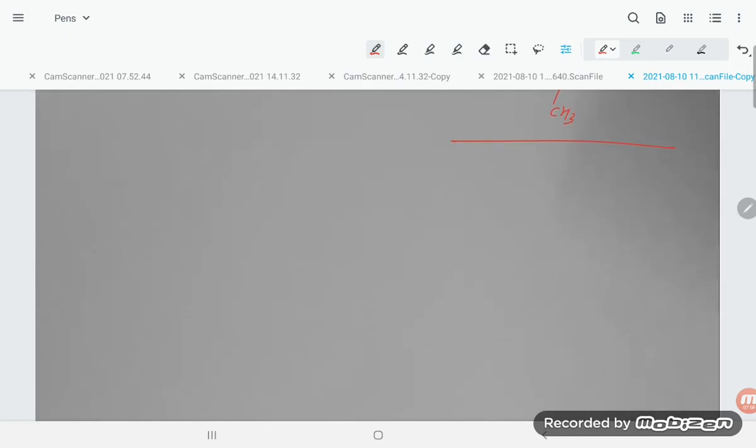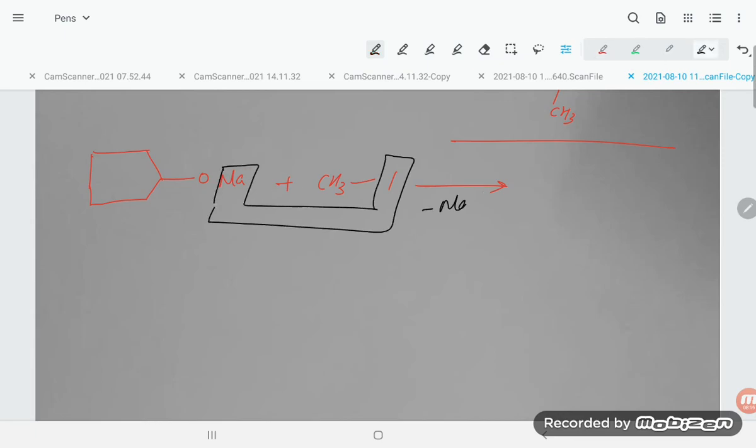Now if you talk about another compound, if you are preparing a different type of ether, students, this is cyclic ONa, and if you are treating with CH3I, what is going to happen, dear student? Na here and I is going to be out, so minus NaI. So what is left, student? This is the compound. Here is O, and here is CH3. This will be the product, student.